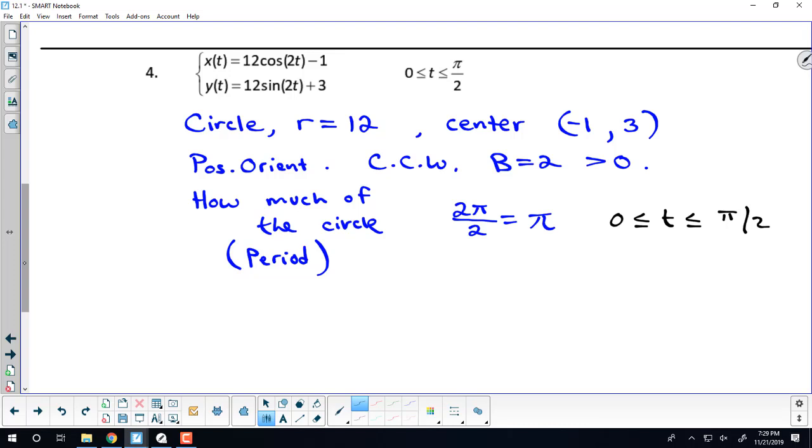So half a circle. Which half really depends on the initial point, right? Where that starts, we're generating half of it in the counterclockwise direction.